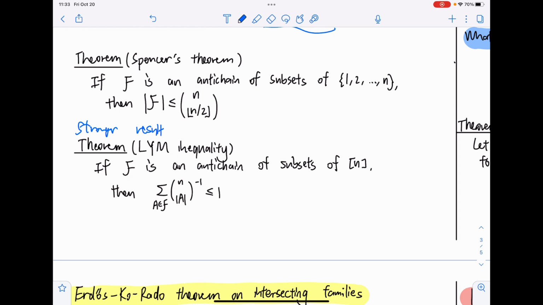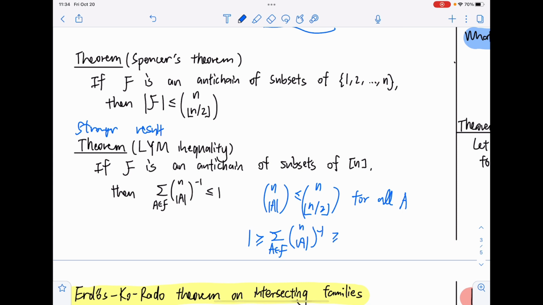Then we're going to prove it. Actually, this is how we get Sperner's theorem, and it follows since n choose the size of A is less than or equal to n choose the floor of half of n for all A. And it follows that 1 is greater than or equal to this number in the hypothesis.